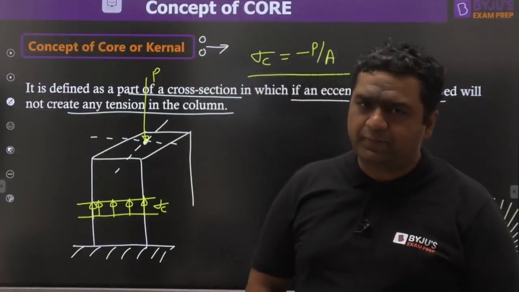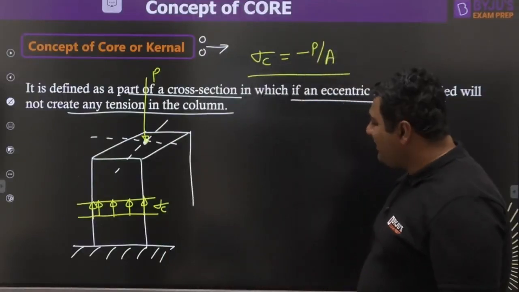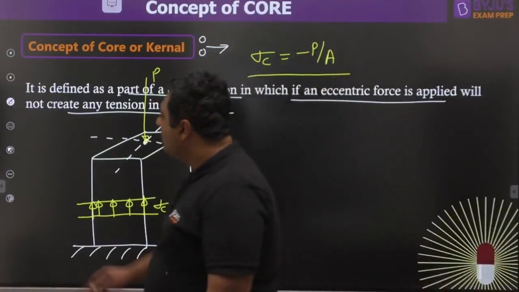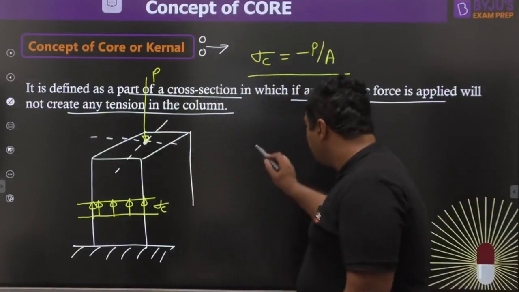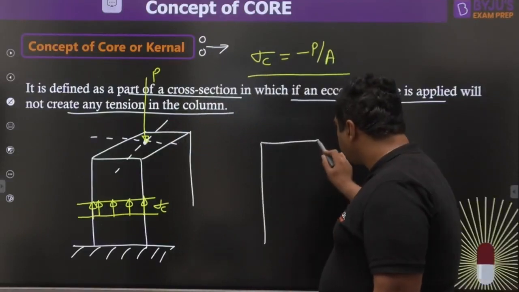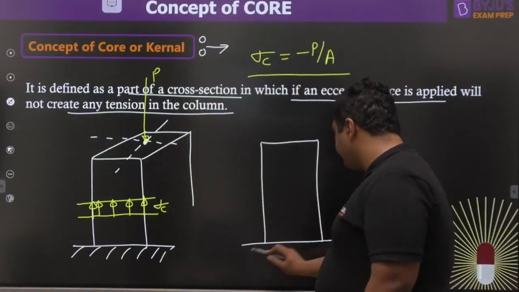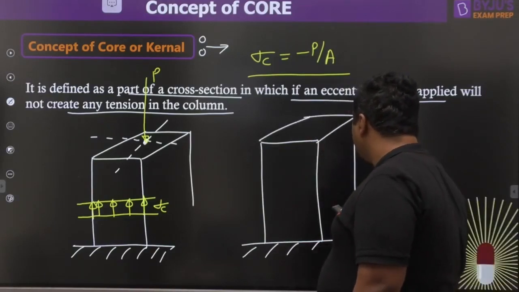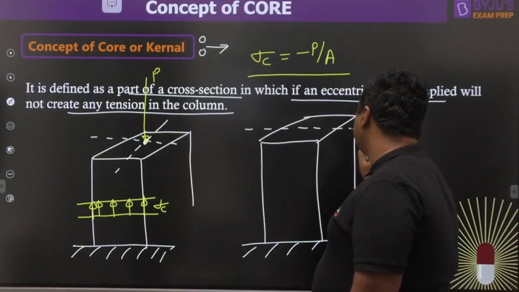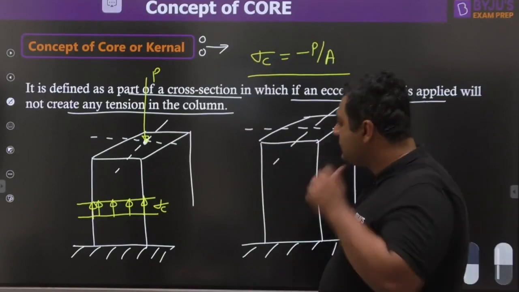This is the case when a direct compressive force passes through the CG or centroid. Then what happens if this force becomes eccentric?